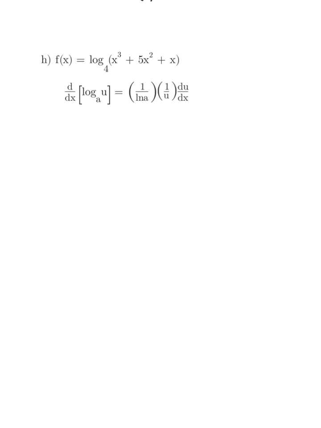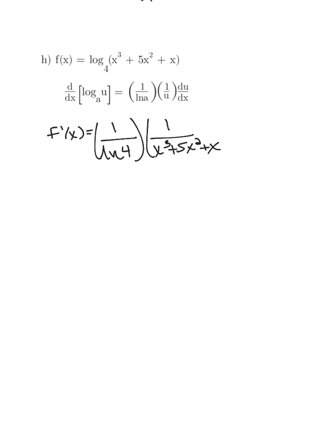For this problem then, our derivative will be 1 over the natural log of the base. Our base is 4. We take that times 1 over the argument. Our argument is x cubed plus 5x squared plus x.